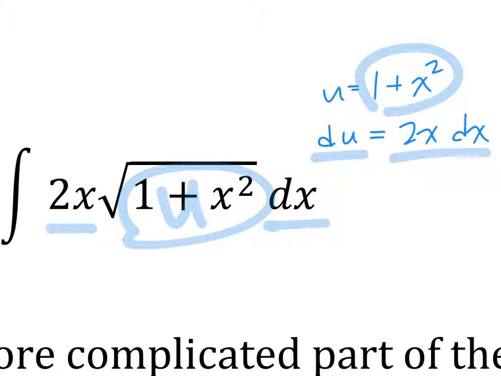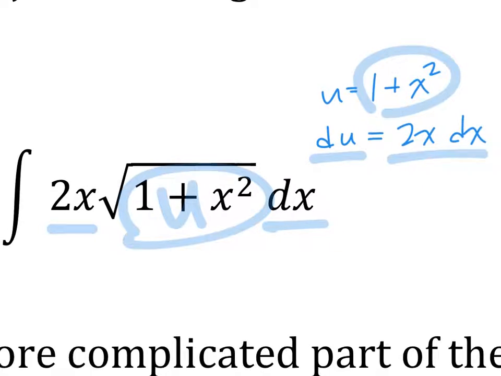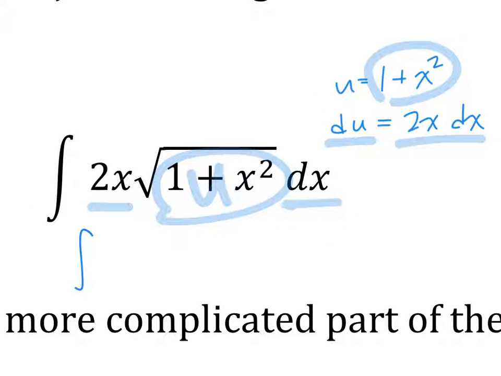So we can say that whole 2x dx is du. Okay, so now when we substitute, this becomes square root of u du. Okay, inside the square root is the 1 plus x squared, which is u. You substitute into that part, but that square root stays, okay? Square root, that was not part of the u, so you have to keep that there.